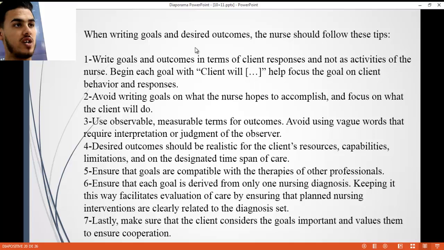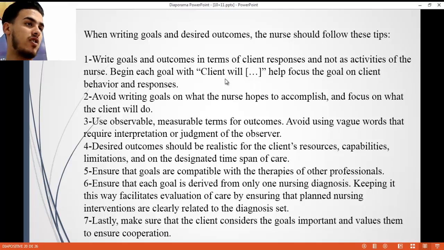When writing goals and desired outcomes, the nurse should follow these tips. To have very good desired outcomes or goals, you have to follow the tips. One: write goals and outcomes in terms of client responses and not as activities of the nurse. Begin each goal with "client will."